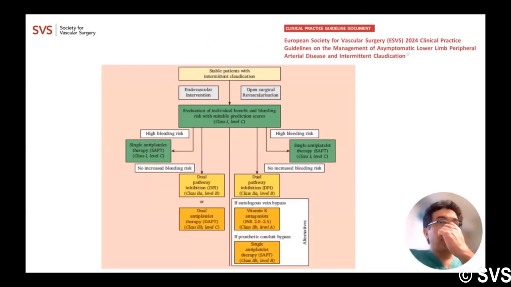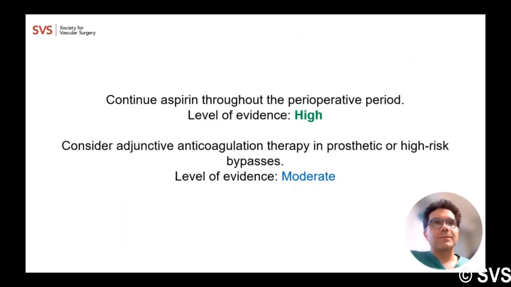About medical therapy, looking at the SVS 2024 guidelines, we can see that endovascular interventions provide antiplatelet or dual antiplatelet medical therapy, and open surgical revascularization provides not only dual antiplatelet therapy, but also anticoagulation management.